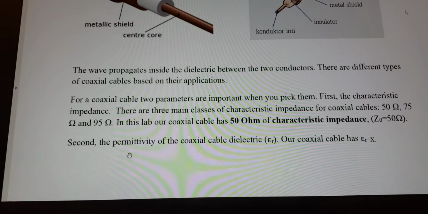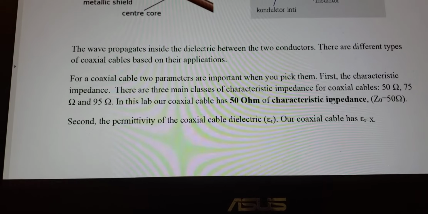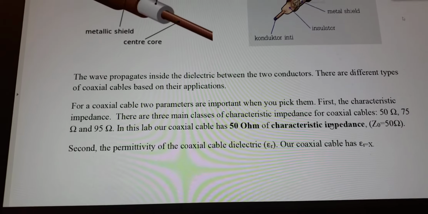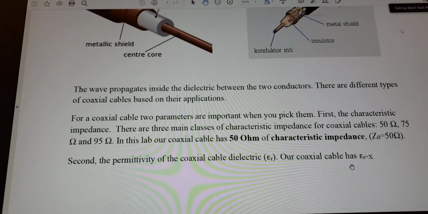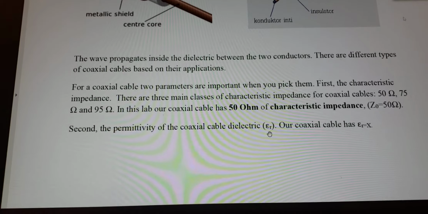For our experiment today, it is 0.66, because we are going to use it in our experiment. It is written in the lab. So these are the two important things: the characteristic impedance and the relative permittivity.